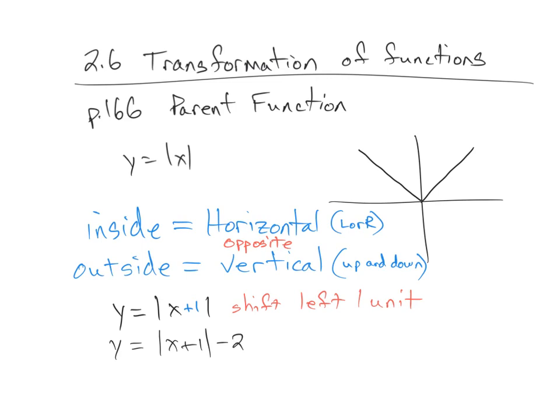So this is on the outside. The minus 2 is on the outside. So that means it's a vertical movement. So this would shift down 2 units. Okay? So if it's on the outside, it does exactly what you think it's going to do. All right?